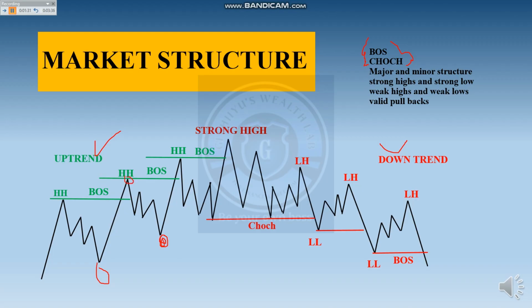So when the market is moving up, we mark this as a higher high and this as a higher low. When the market breaks this previous high, we consider that the market is bullish and the trend is an uptrend. And then after this pullback, the market is moving in an uptrend.